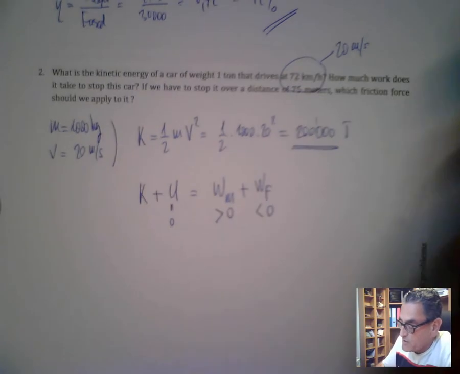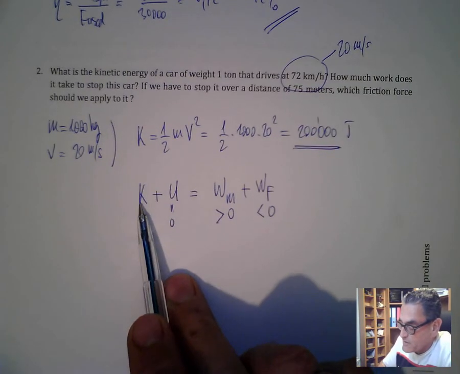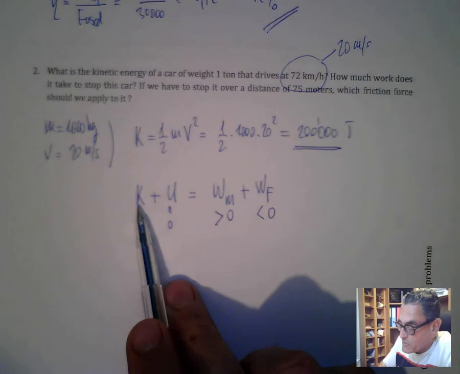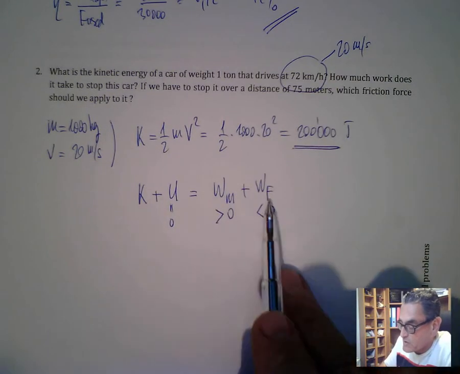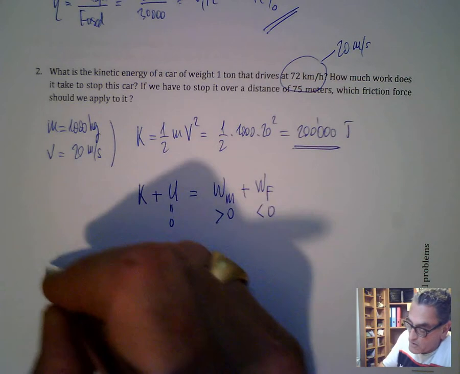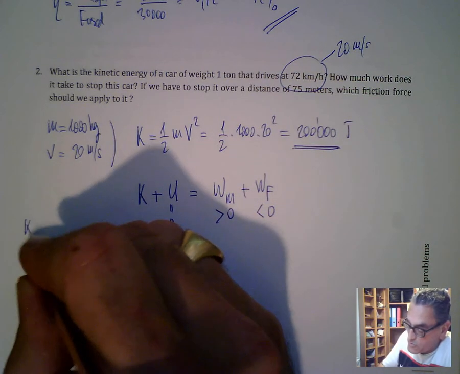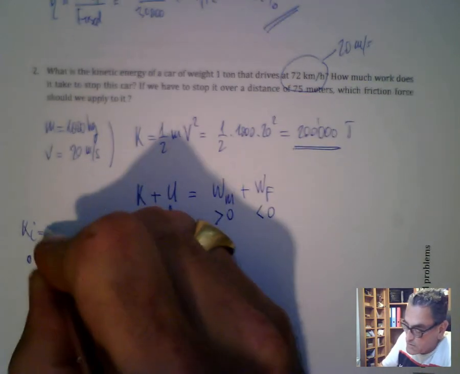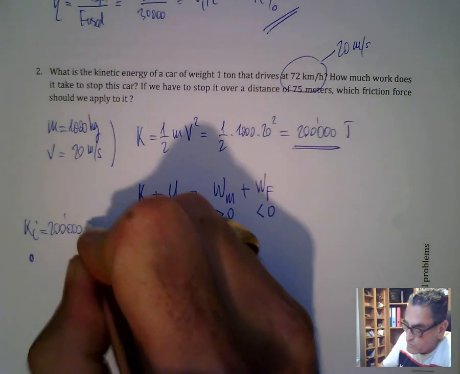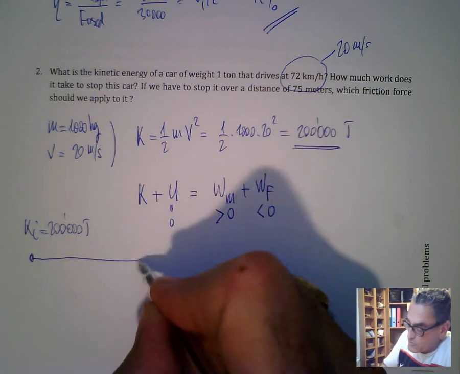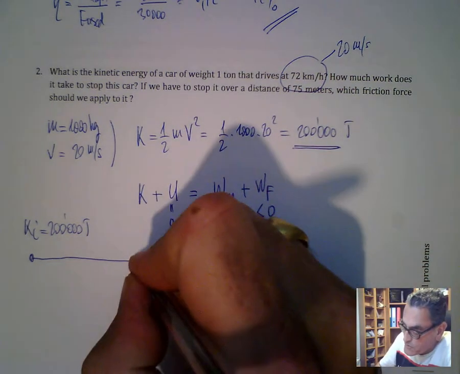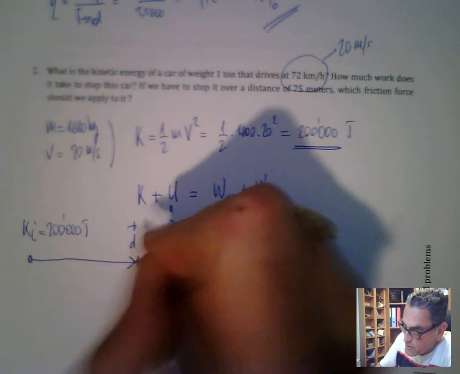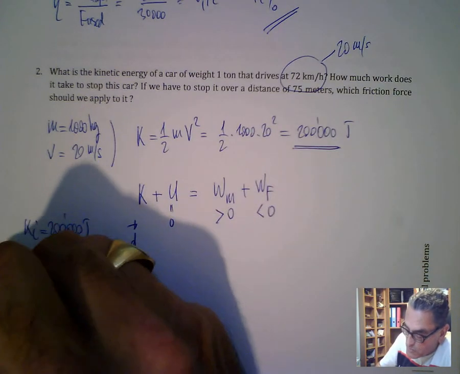displacement. And so here we are going to have a delta K which is negative, so K final will be smaller than K initial. Okay, you have a car which has a certain K initial, and this K initial is 200,000 joules, and we are going to act on it with a force in the direction opposite to the displacement.